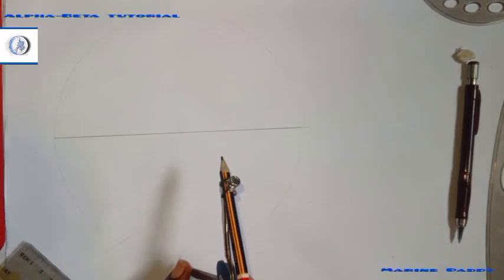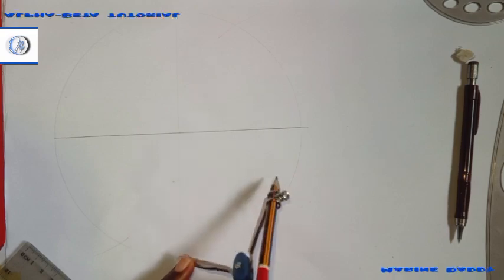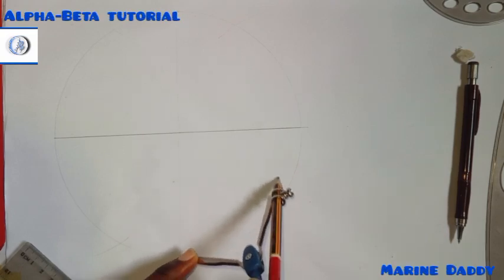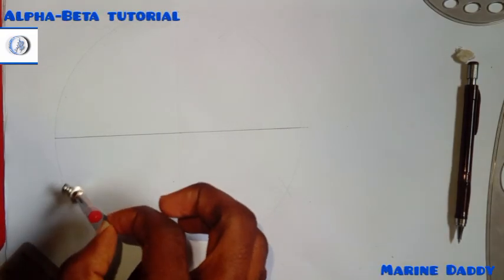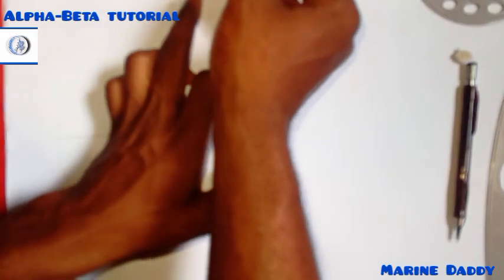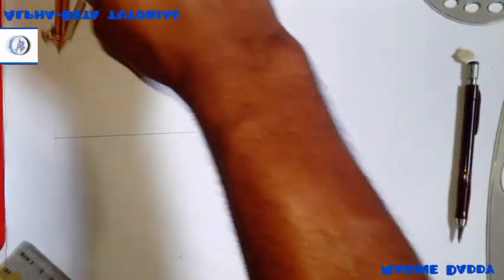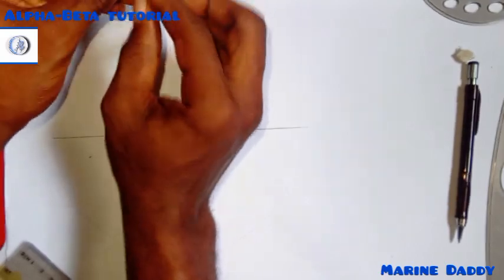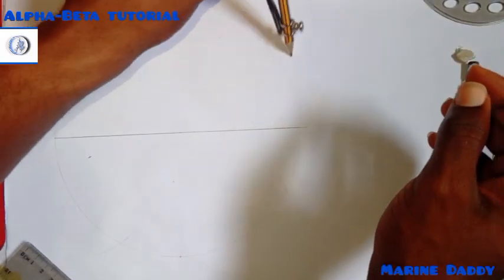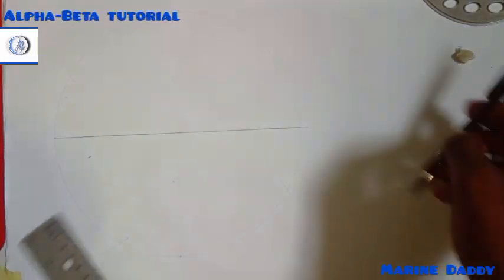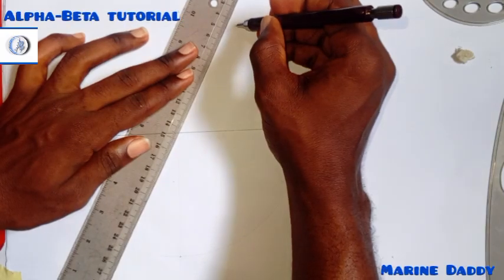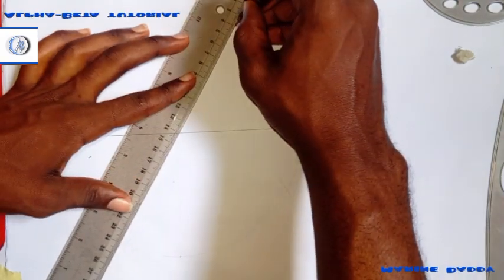Then I'll come to this side, strike at this side. That's from the top now, strike towards the side. Top and the bottom, strike towards the side. This is top, just as I did for the bottom. So once I'm done with this, I'll connect it passing through the center.